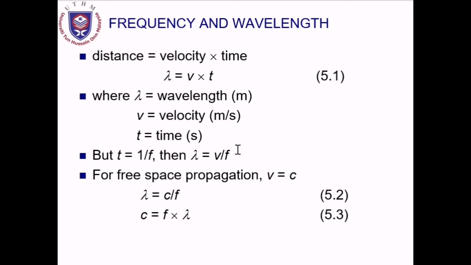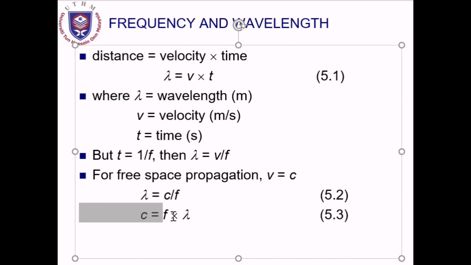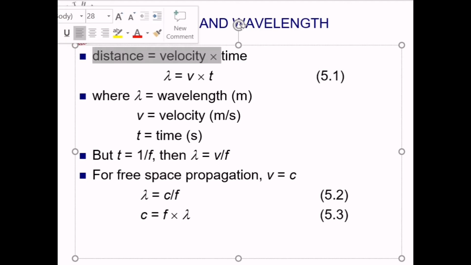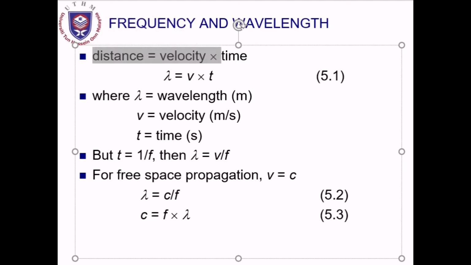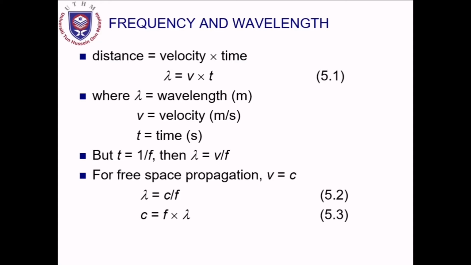This is just the proof of how we can get the equation c equals f lambda from this equation here. We start with distance equals velocity times time. From here, we know time T is equal to 1 over f.